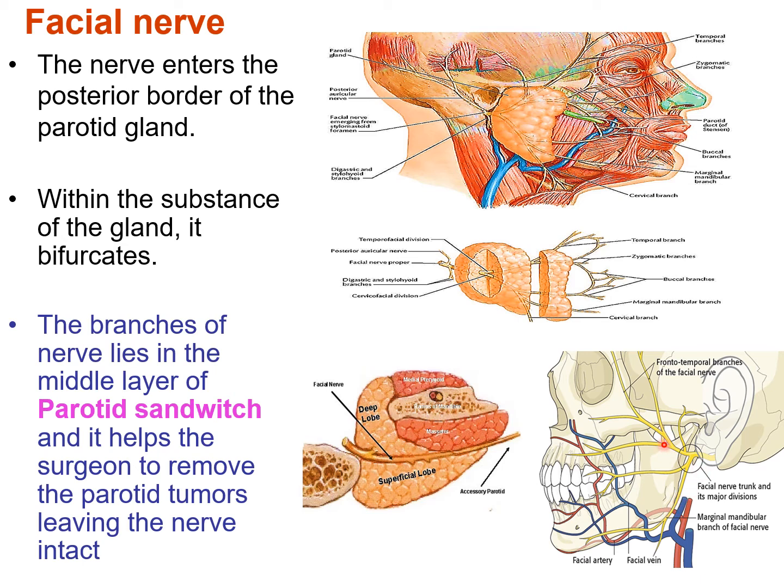The superior division is also known as frontotemporal or temporofacial, and the inferior division is also known as the cervicofacial division. The branches of the facial nerve lie in the middle layer of the parotid sandwich, and this helps in the removal of parotid tumors, thereby leaving the facial nerve intact.